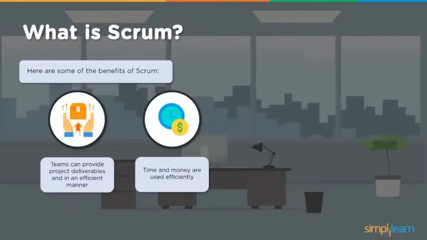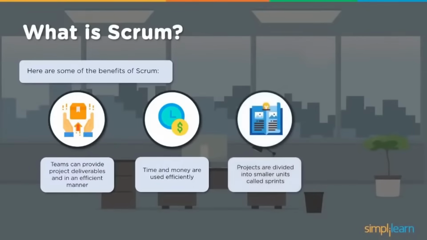Ensuring results come up effectively and efficiently, along with the performance of the product, is important. Since we are creating small, working pieces in every iteration, the experience of using them will also be there and quick feedback will come back, so time and money are saved and we are delivering in time. Projects are divided into smaller units called sprints.